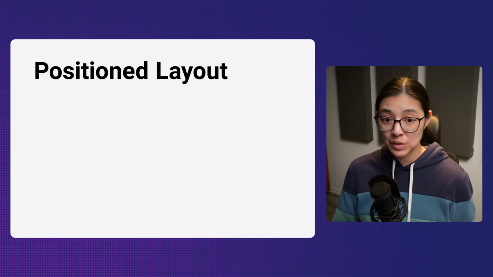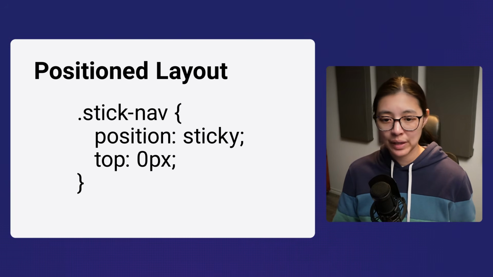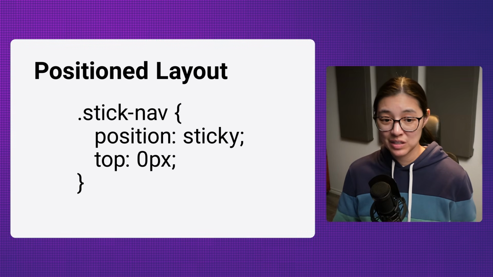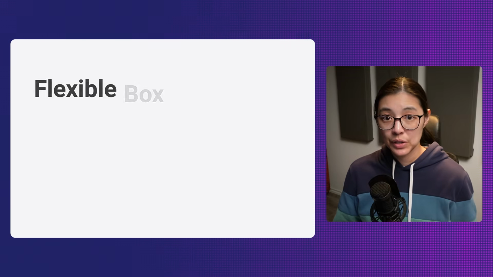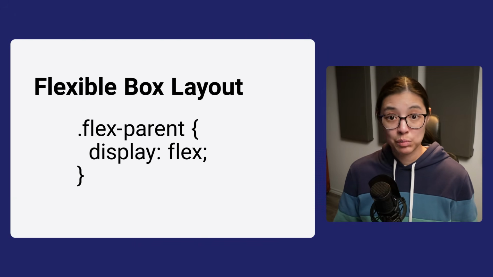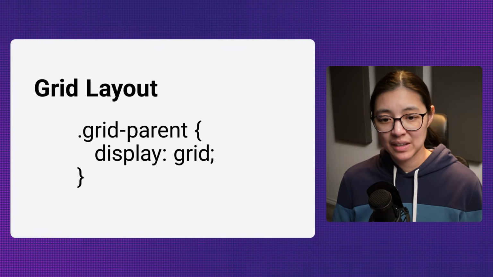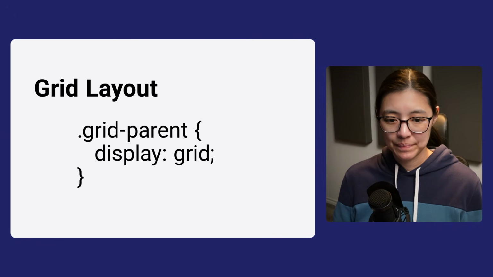And you can change the layout mode of an element by changing some of the element's properties to a different value from their default. For example, you can use positioned layout mode by setting the position property to a value like relative, absolute, sticky, or fixed. You can use flexible box or flexbox mode by setting display to flex. And you can use grid mode by setting display to grid.